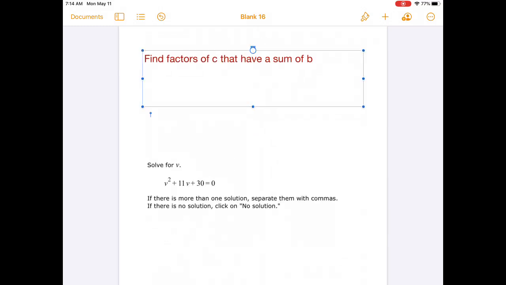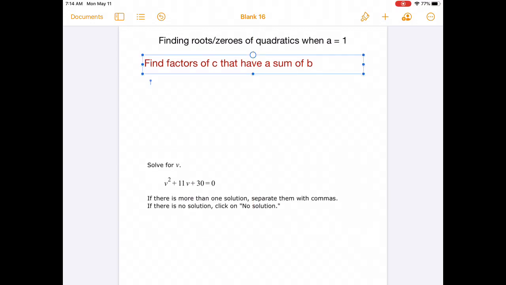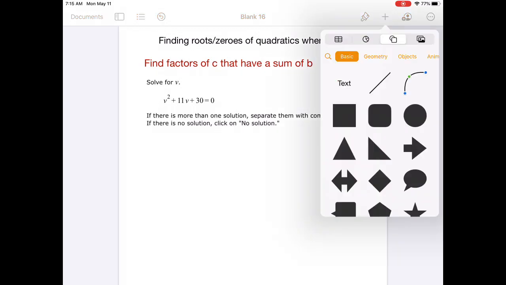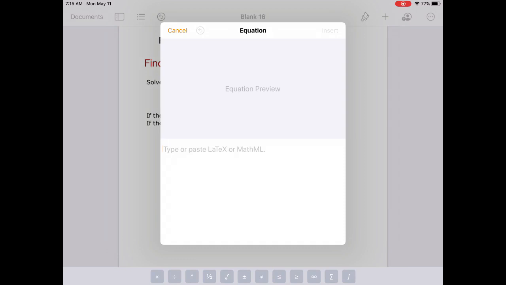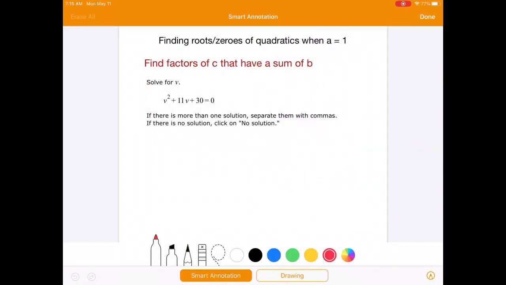All right, so we are going to be finding factors of c that add up to b here. I'm going to walk through this step by step so you know exactly where I'm coming from. In terms of factors of c, there are a lot of these, remembering that 1 and a number is always its factor.